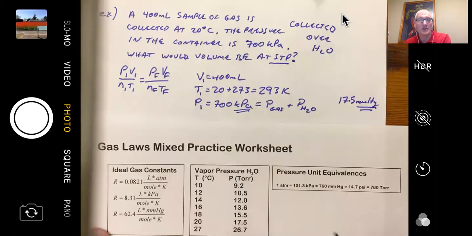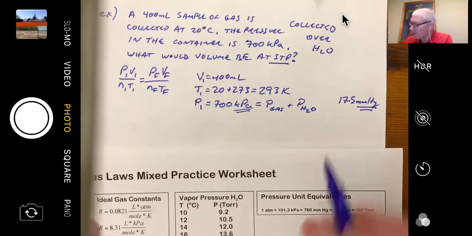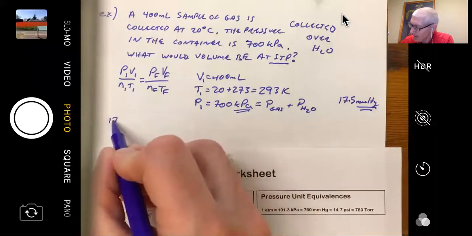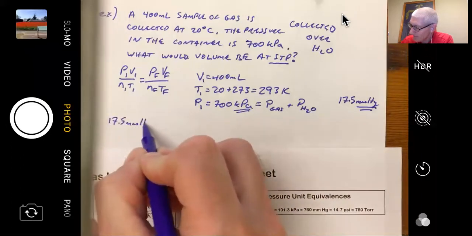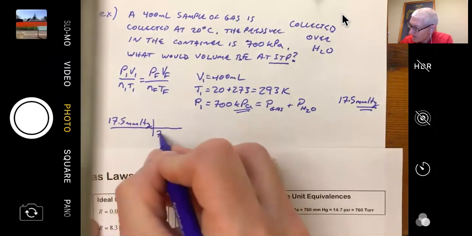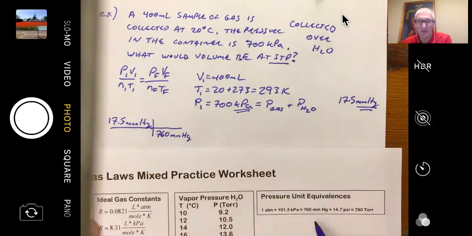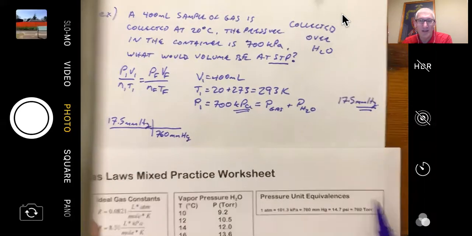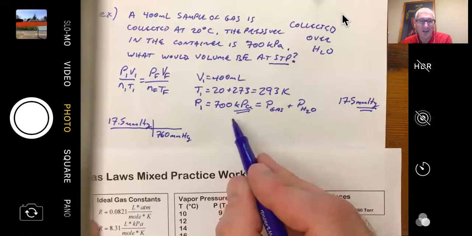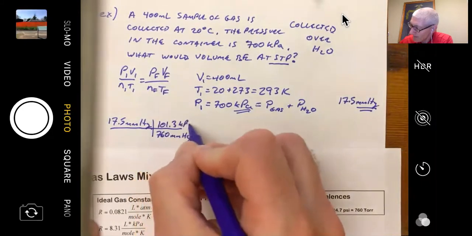I didn't do this intentionally, I just, again, not enough coffee. So I'm going to take this 17.5 millimeters of mercury, and for every 760 millimeters of mercury, we want to be in kilopascals, so that's going to be 101.3 kilopascals.